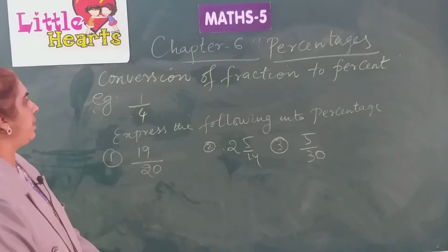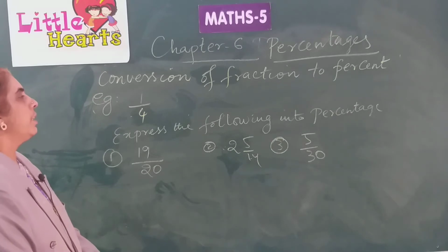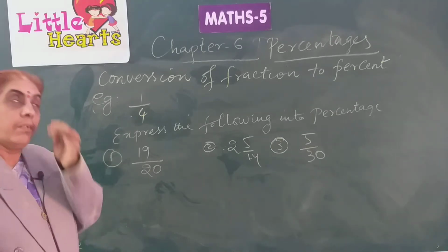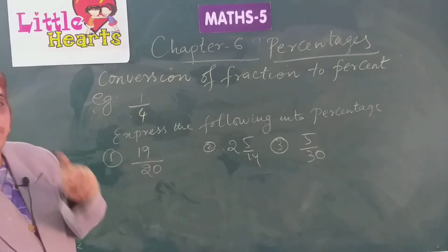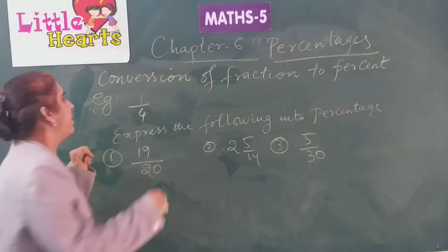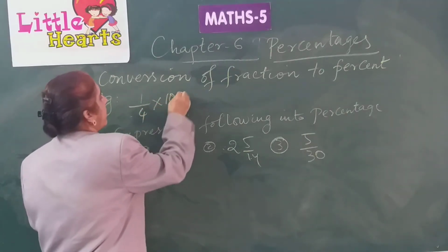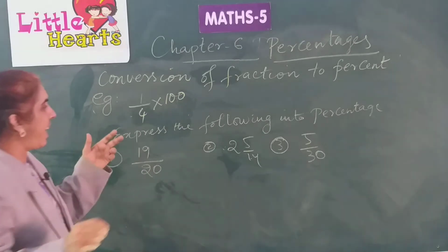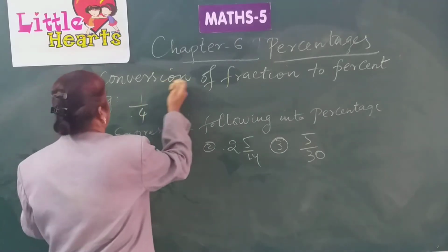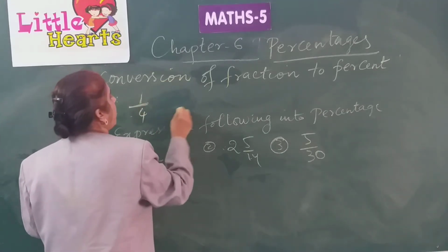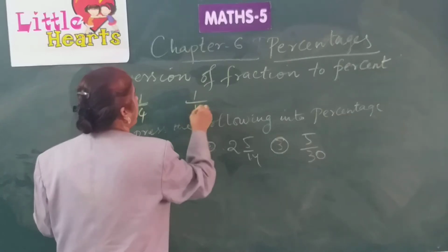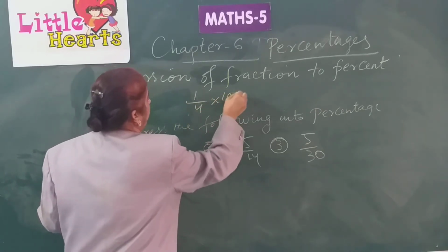Yes, children, let us know how to convert a fraction to percent. For this, you just need to multiply the fraction by 100 and cancel. 1 by 4. To convert this into percent, we have to multiply 1 by 4 into 100.